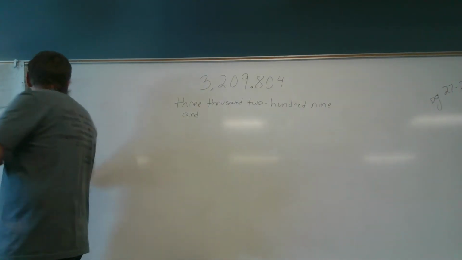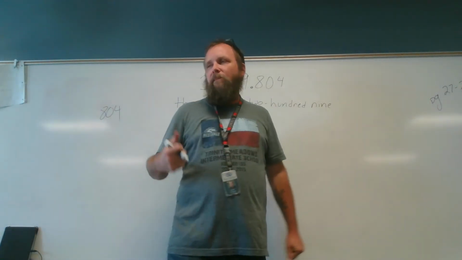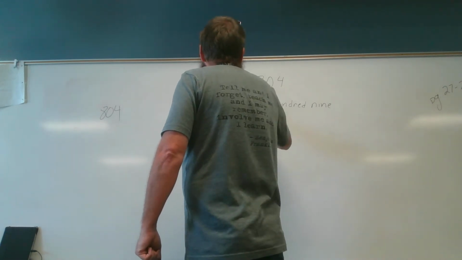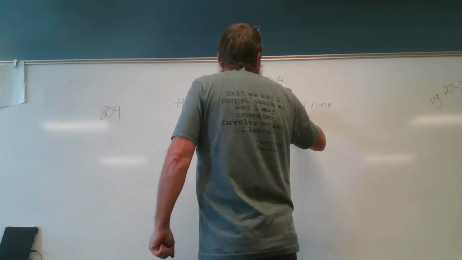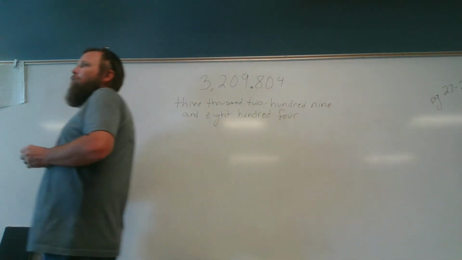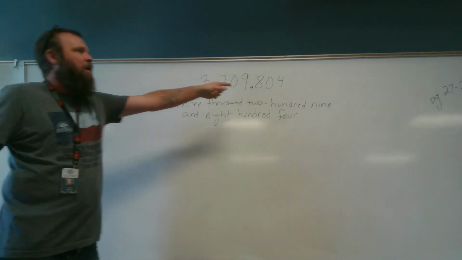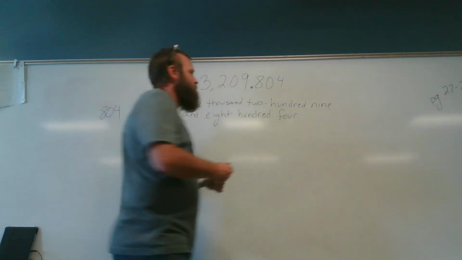What number is this here? 804. You read it like it's a normal number, but the last thing you write is the place value of the last number, which is what, Brooklyn? 1,000.